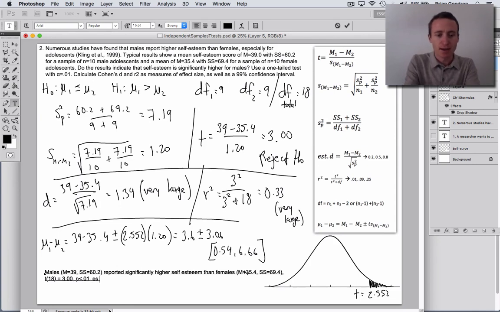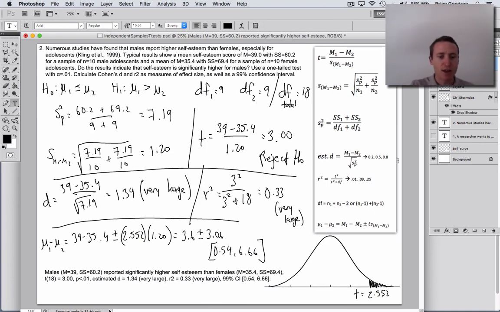And then my estimated value of d was 1.34, which was very large. My r squared value was 0.33, which is also very large. And then finally, my 99% confidence interval ranged from 0.54 to 6.66, period.